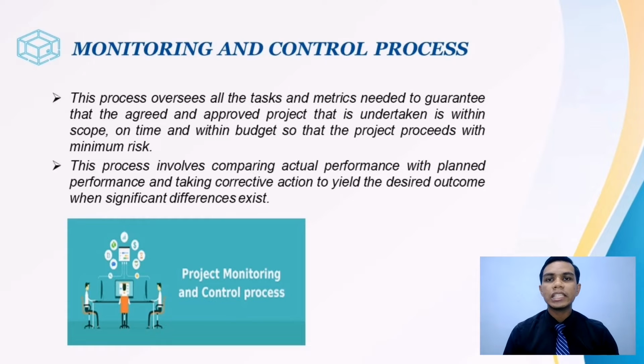This process involves comparing actual performance with planned performance and taking corrective action to yield the desired outcome when significant differences exist. With the completion of this phase, it is finally time to begin the actual field construction.